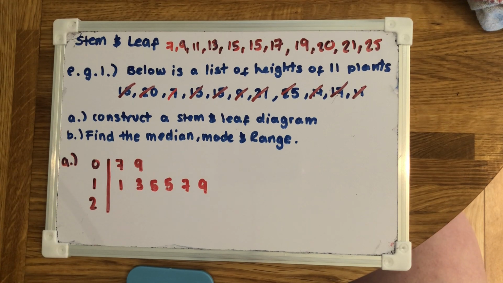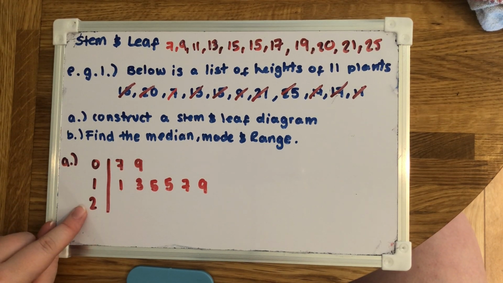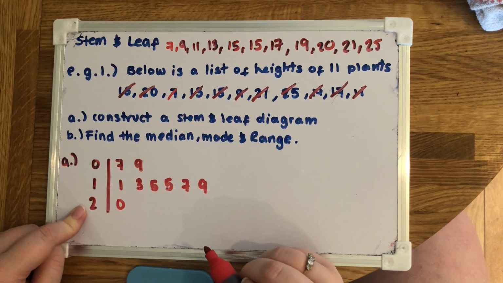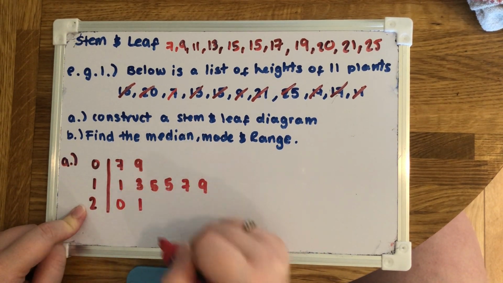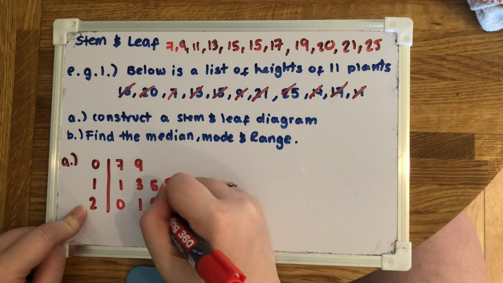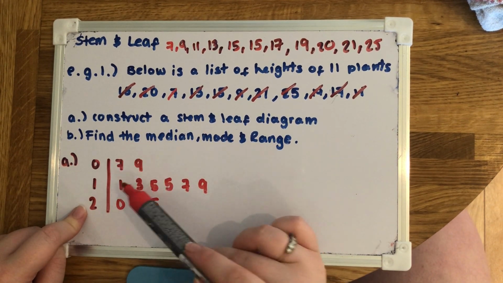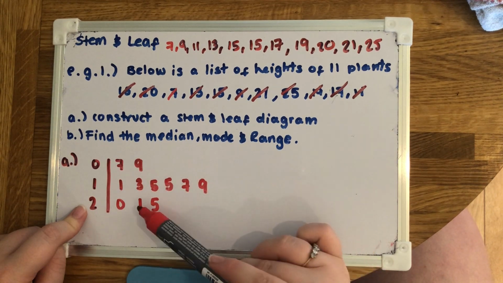For the 20s, 2 there represents 20. So to make 20 would be a 0, to make 21 would be a 1, and then 25. I'm just going to check that we've got 11. So 1, 2, 3, 4, 5, 6, 7, 8, 9, 10, 11.